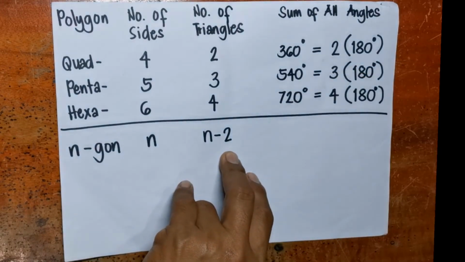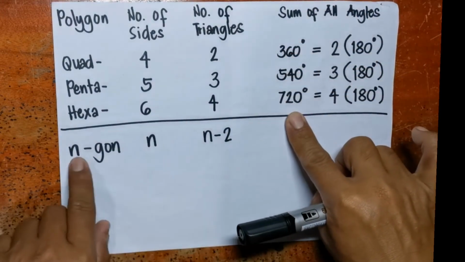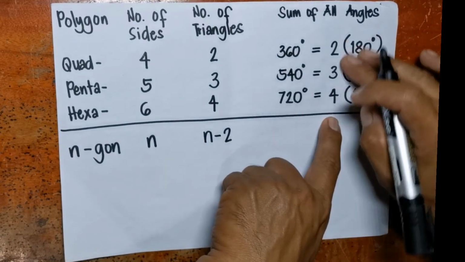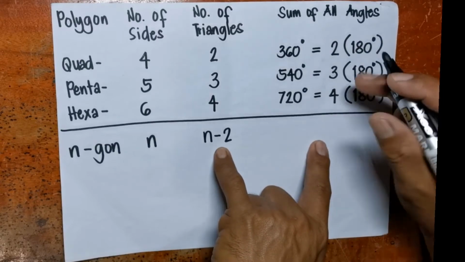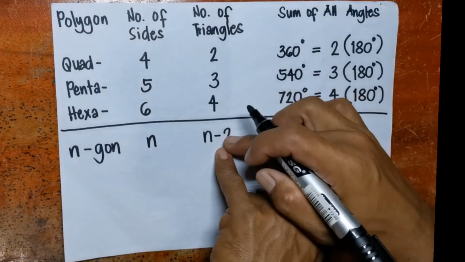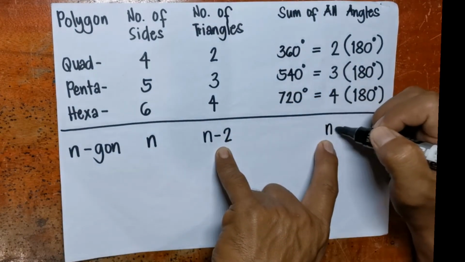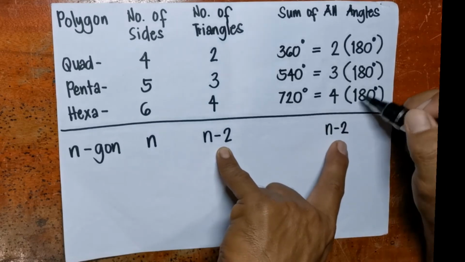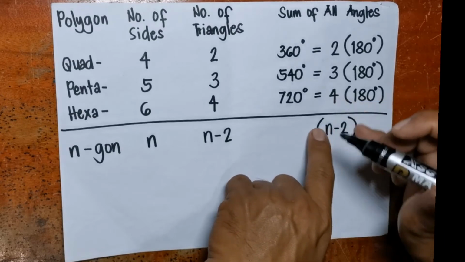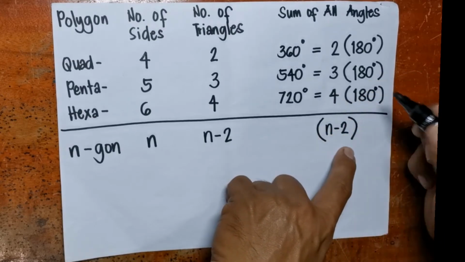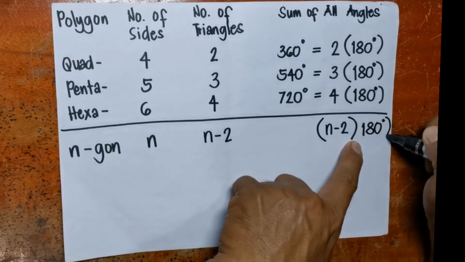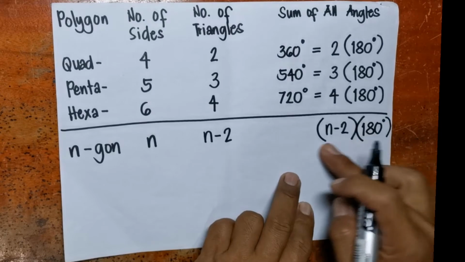And therefore, the sum of the angles, syempre dahil hindi naman specified yung number of sides, wala tayo itong sagot. But, dito sa part na to, we have the number of triangles. We have this column. So, n minus 2 times 180. Ito ay kukulong natin since ito yung binomial. Kailangan nakakulong yon. Yung buong n minus 2 times 180 degrees. Anyway, wala namang magbabago sa ibig sabihin nun.